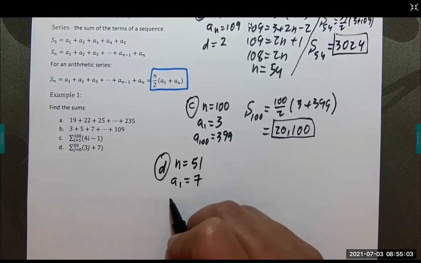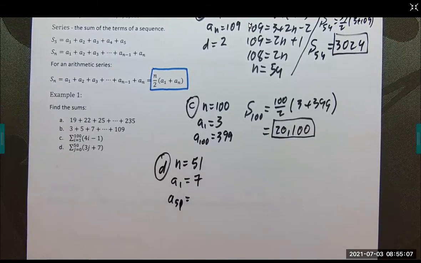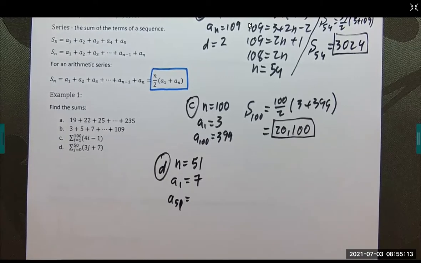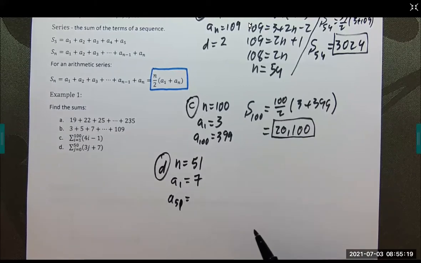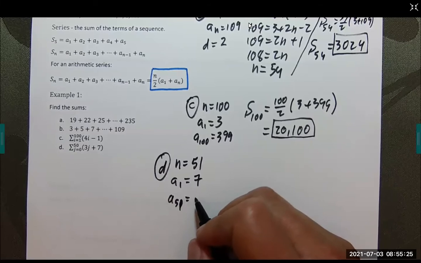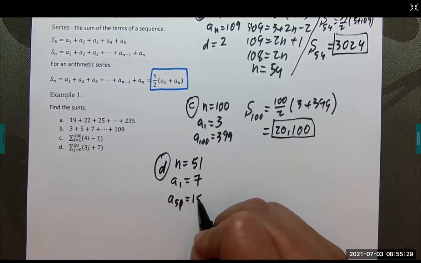And our 50th term, it's actually our 51st term, is going to be, actually, we're plugging in 50 there. And 50 times 3, plus 7 is 157.